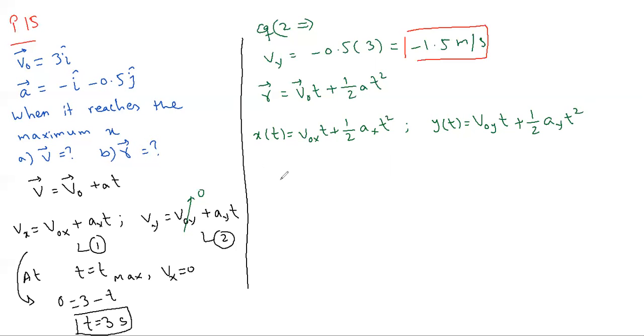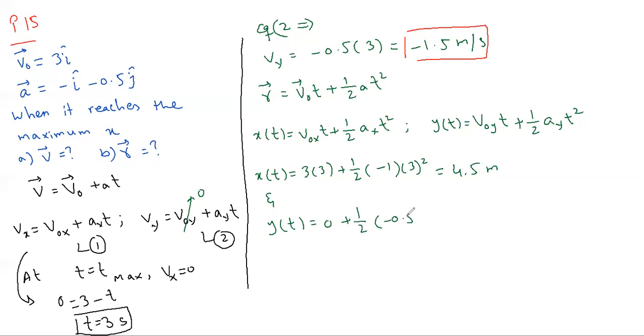Now we just have to put the values in the equations. So x of t is equal to 3 times 3 plus 1 by 2 times minus 1 times 3 square. So this is 4.5 meters. And y of t will be v naught y is 0 plus 1 by 2 times minus 0.5 times 3 square, so this will be minus 2.25 meters.